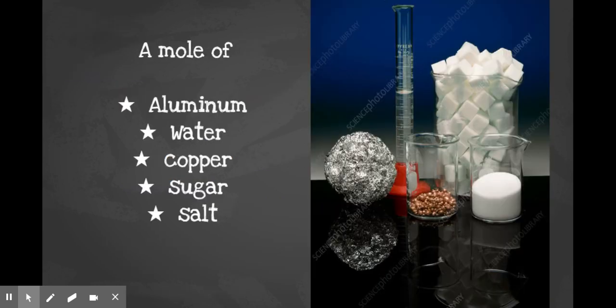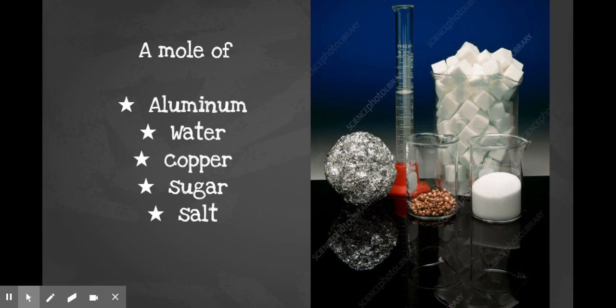This picture is just to give you an idea of the size of some of these. I have a couple things sitting there in this picture. That aluminum foil in a ball there, that's a mole of aluminum. It's about the size of a baseball. You see the water in the graduated cylinder in the back. That's about a mole of water, 18 milliliters.